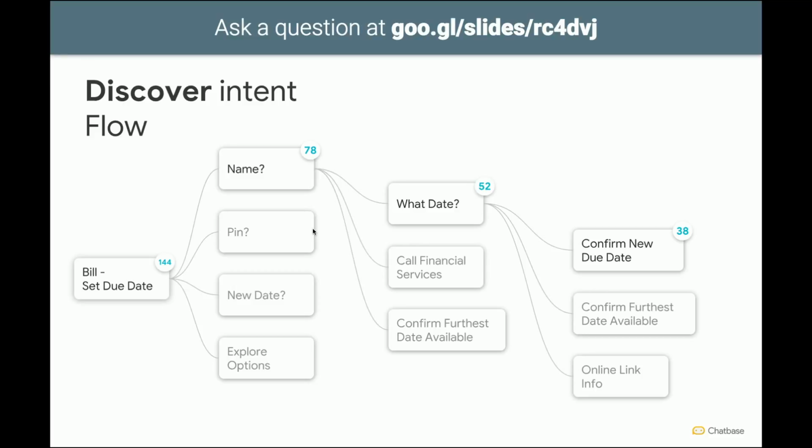So this is really powerful, and behind each node in such a flow are the hundreds or thousands of variations or training data. Same thing, the ways of saying, people phrase that step in the conversation.